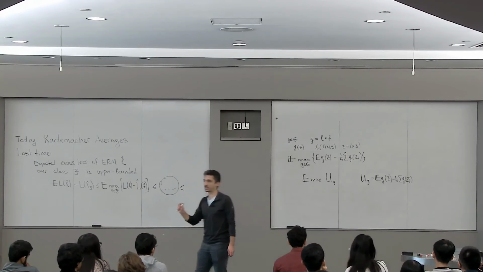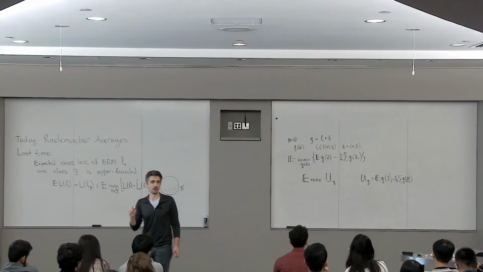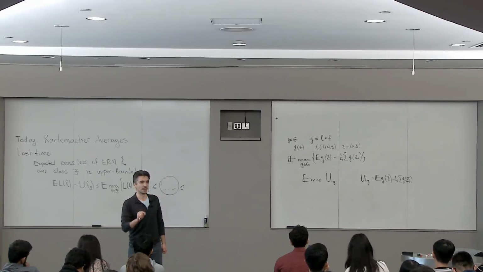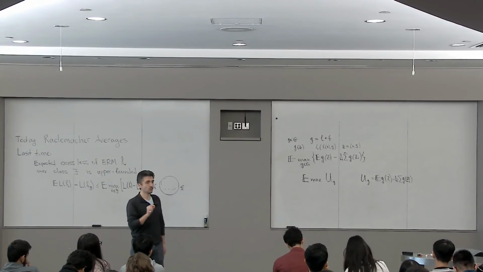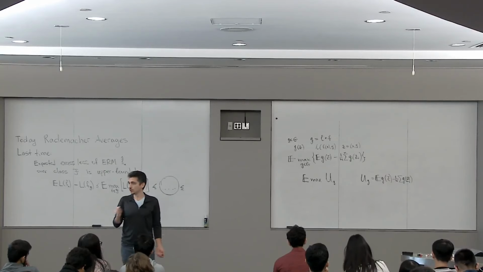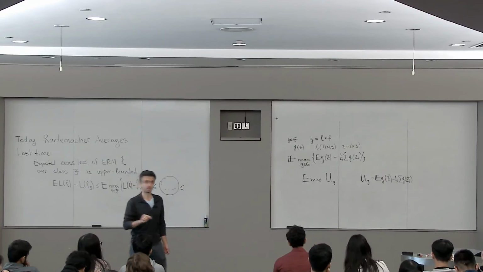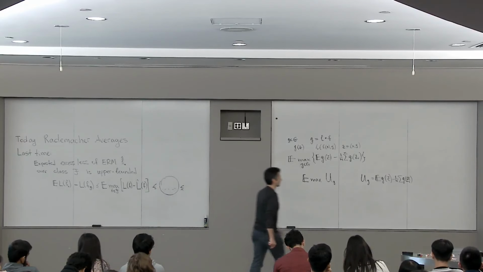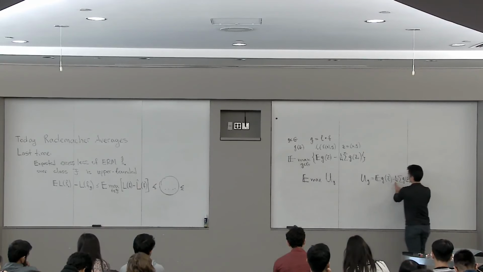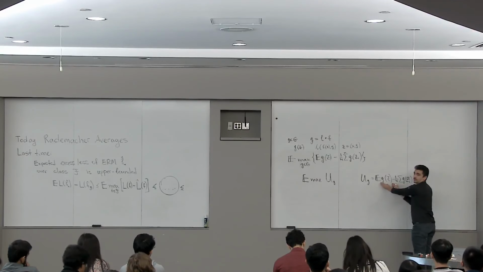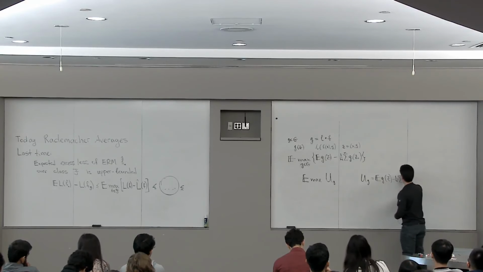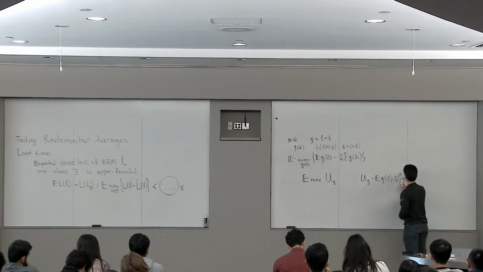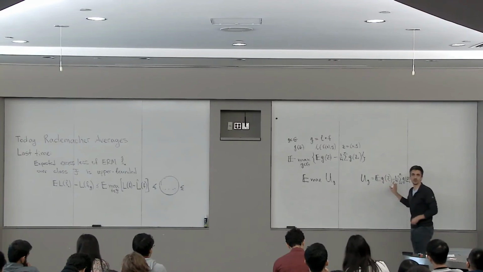Is everyone clear about that? Because if you take the expectation of U, you get zero. It's centered. The expectation of this, they're all the same, it's this guy, so the mean is zero. Is there anyone who needs further explanation?